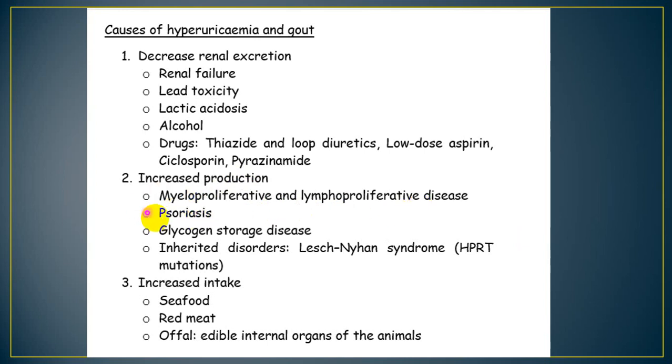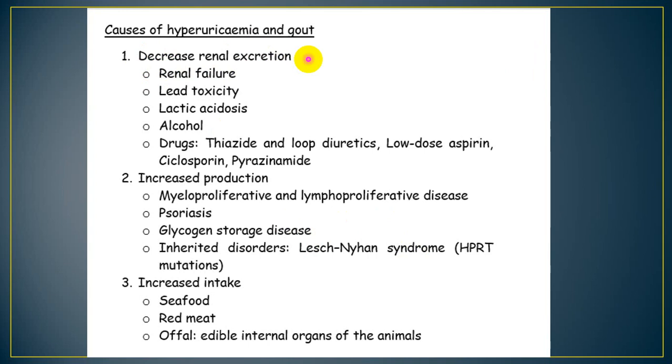The same rule applies for psoriasis and certain inherited disorders like Lesch-Nyhan syndrome, where there is an enzymatic defect and more production of purine. Finally, there may be decreased excretion by the kidney, which is responsible for excretion of 2/3 of the total amount of uric acid needed to be excreted daily.